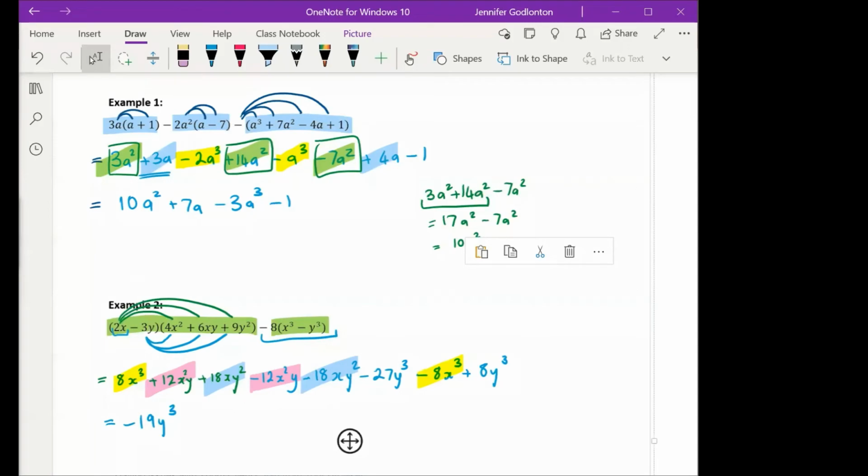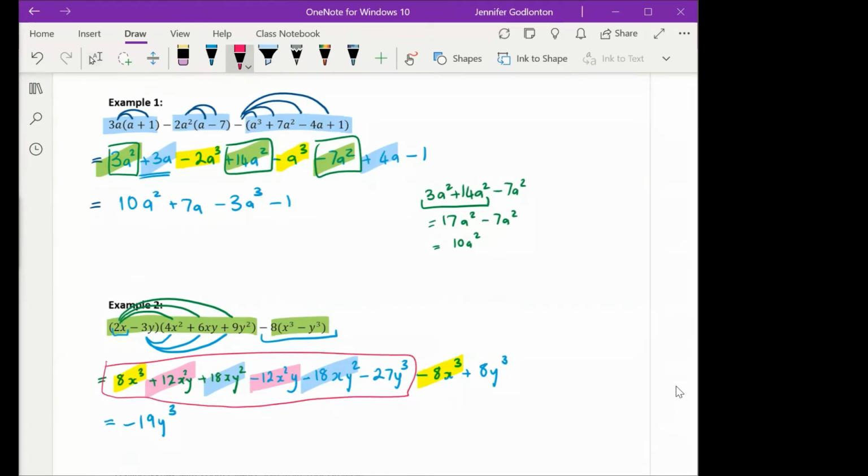Okay, so Rita, for example 2, the important thing to note is that, let me just try and link these together. All of this came from this first term over here. All we did was multiply our binomial times a trinomial.